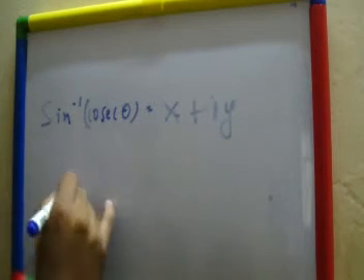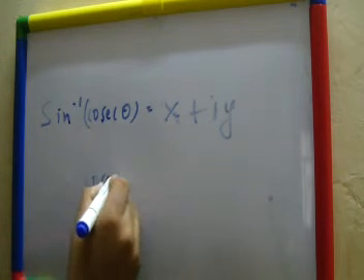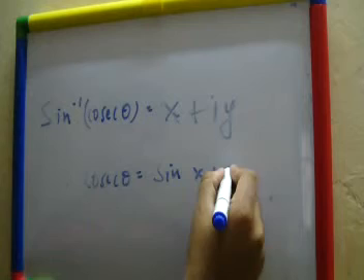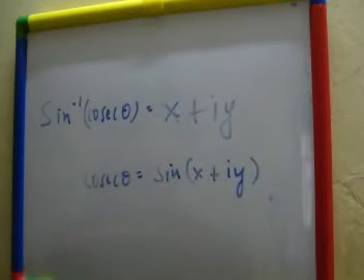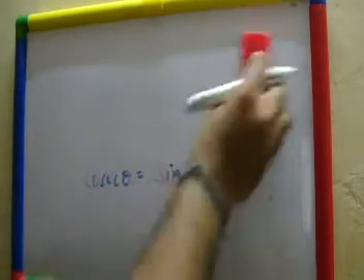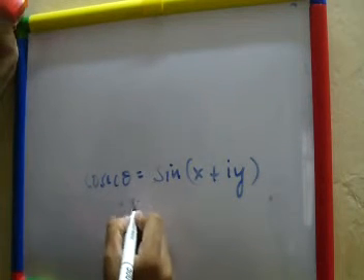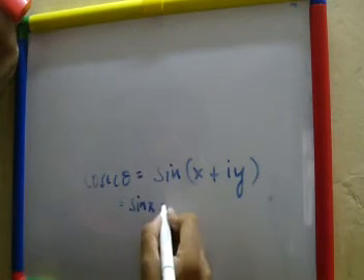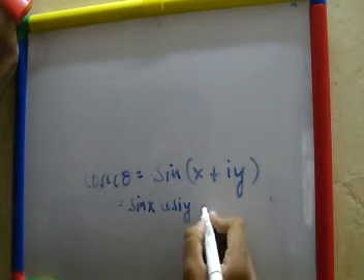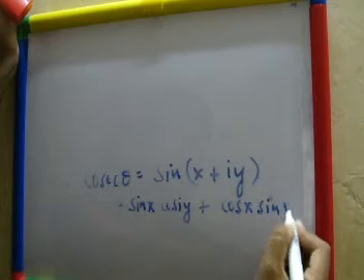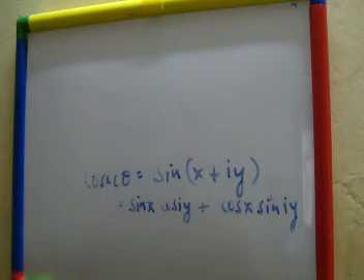Therefore cosec theta is equal to sin(x plus iy). So this is sin x cos iy plus cos x sin iy. Compound angle formula, sin(a plus b).